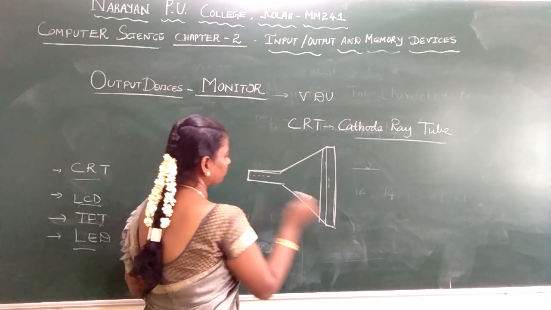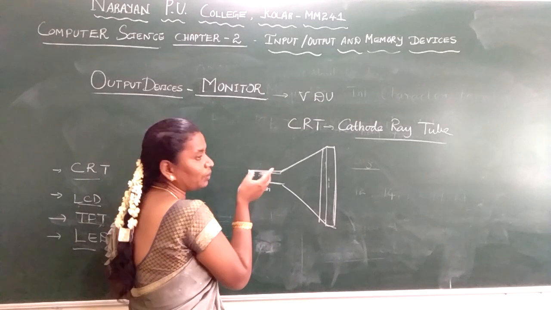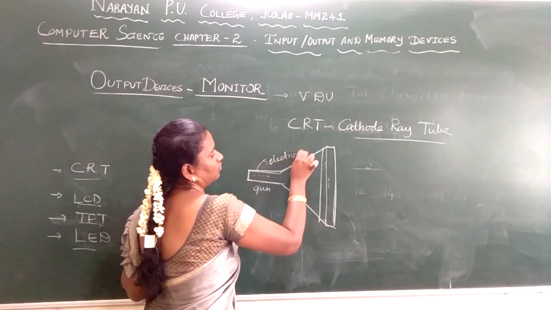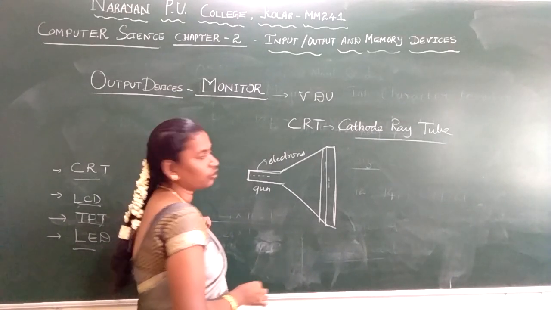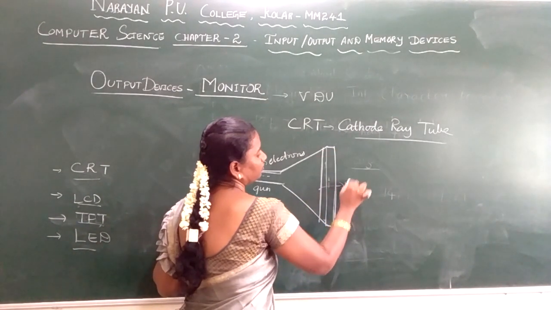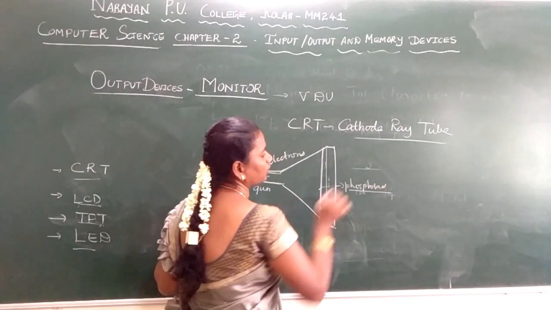We have a gun. This gun keeps on emitting electrons. When these electrons go and hit the screen, we have a phosphorus coating.